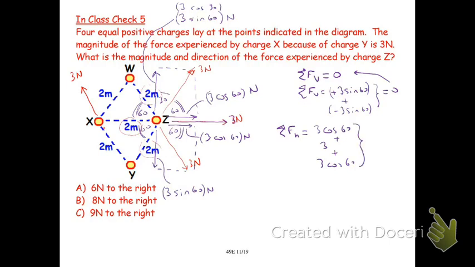So what is that? 6 newtons, I think. 3 cosine 60 is 1.5, 1.5, and 3 makes 6. So I know that it is 6 newtons and its direction, looking at my diagram, is to the right.